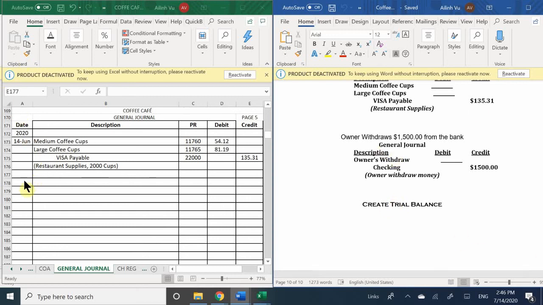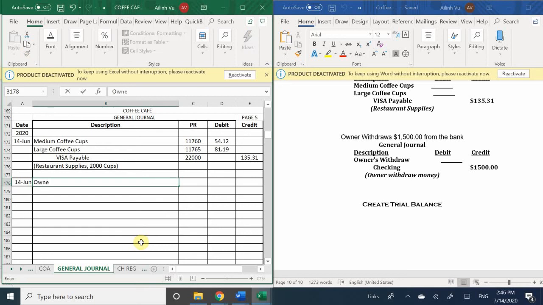So we're going to indicate the date. And we're going to do an owner's withdrawal. Owner's withdrawal. And it's going to come right out of my banking account.